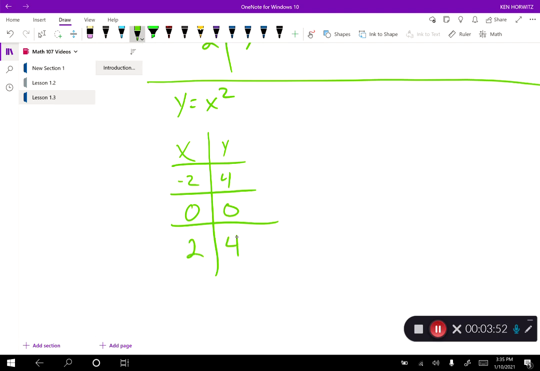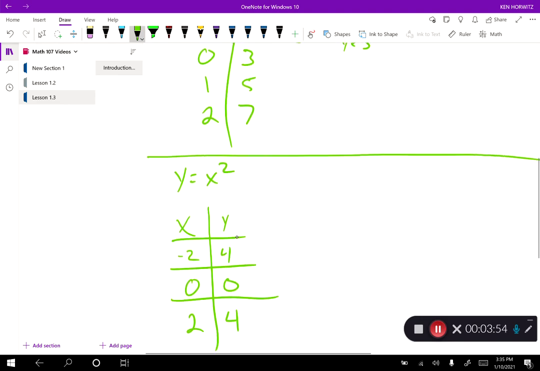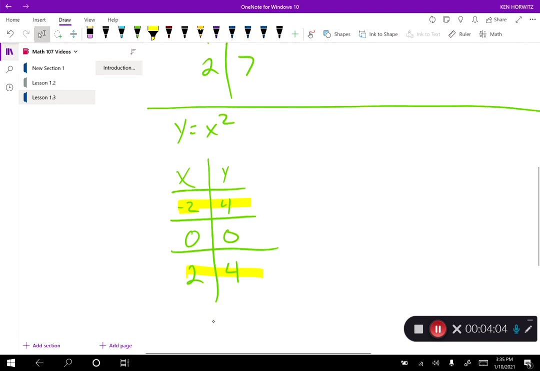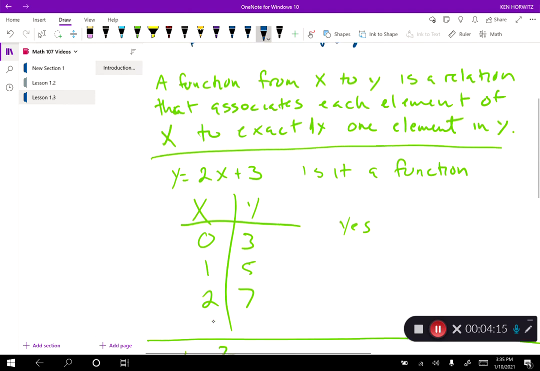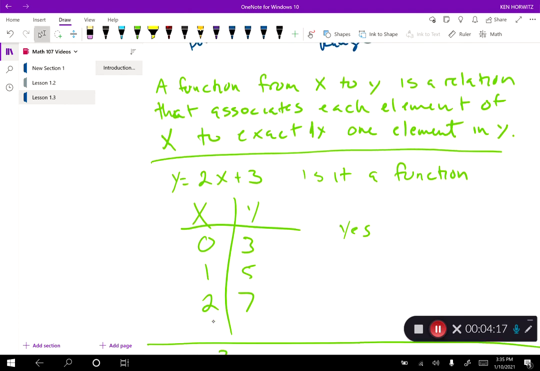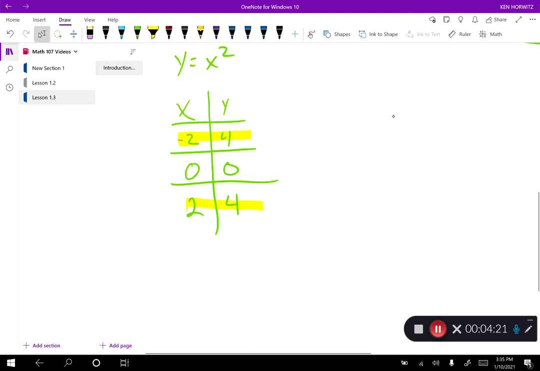So how does example 1 differ from example 2? Very clearly, right here, I plug in 2 different values for x, and I get the same value for y. The question is, is this a function? Let's go back to our definition for a second. A function associates each element in x to one element in y.